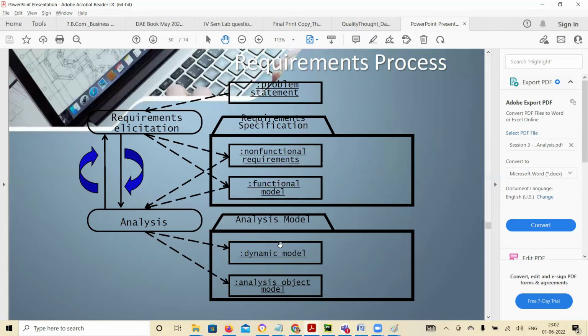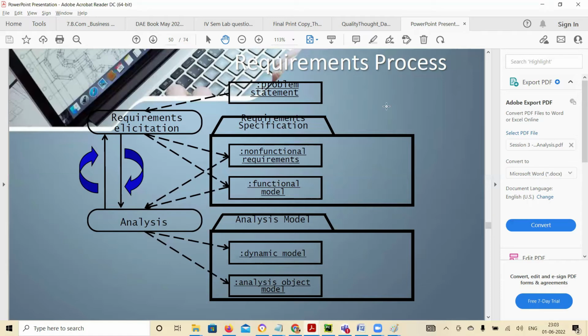We'll log back in again if the meeting ends, okay? So in requirement elicitation, you need to work on functional and non-functional requirements, which we know. Analysis is a different process which we haven't touched and will touch upon here.